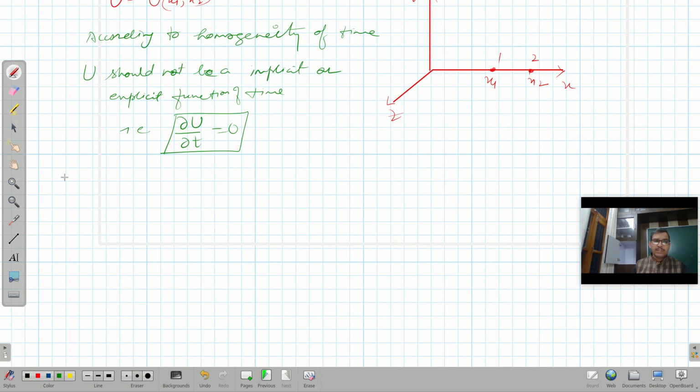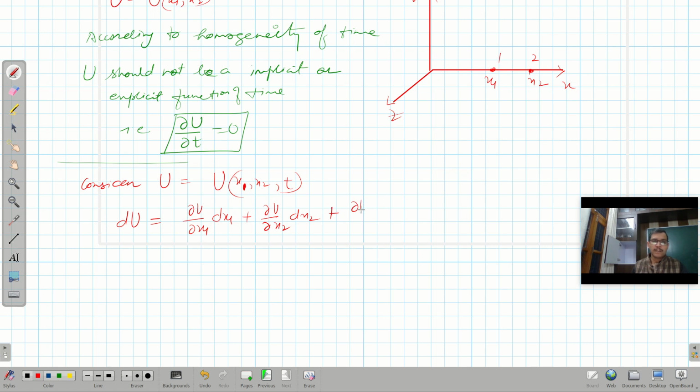So let us now consider U is basically a function of x1, x2, and let us assume that it is also a function of time. So let us take its differential. If I take a differential of this, it is ∂U/∂x1 dx1 plus ∂U/∂x2 dx2 plus ∂U/∂t dt.